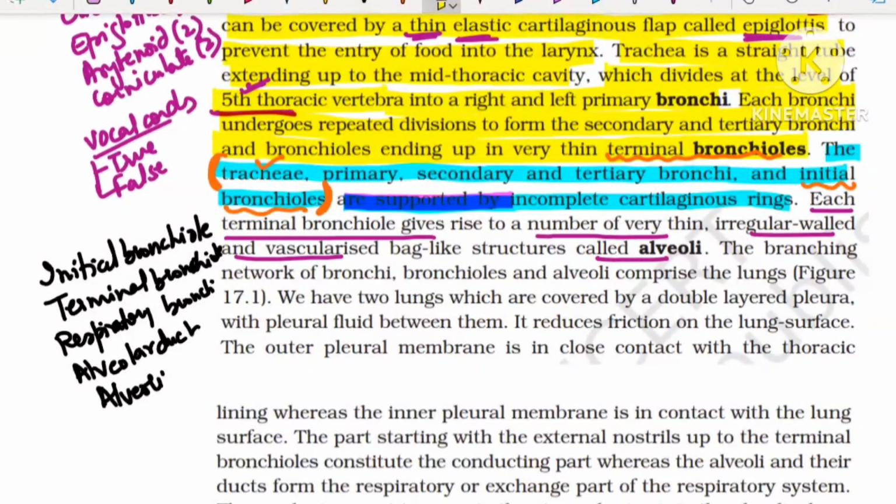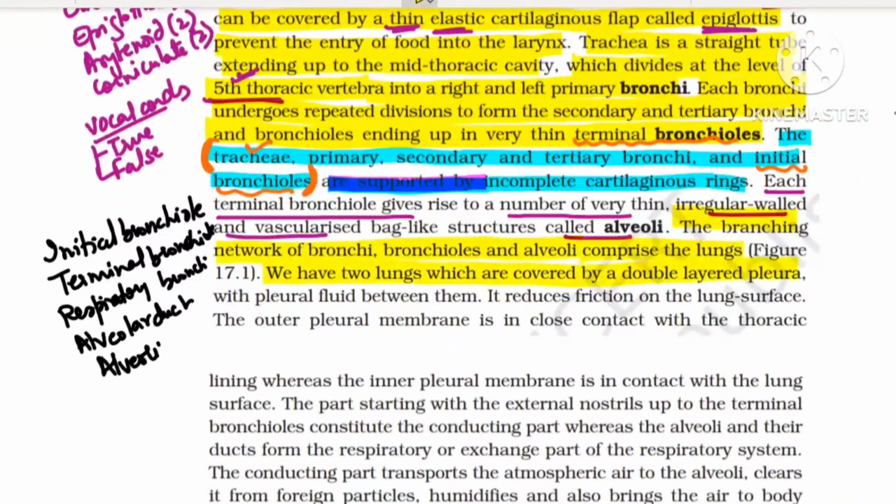Now if you see the branching network, this network of bronchi, bronchioles and alveoli is only making the lungs. And we have two lungs which are surrounded by a double-layered membrane known as pleura. In between the two pleural membranes is pleural fluid, present to prevent friction during movement.